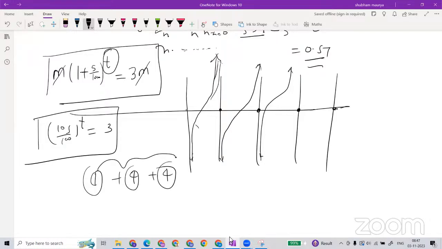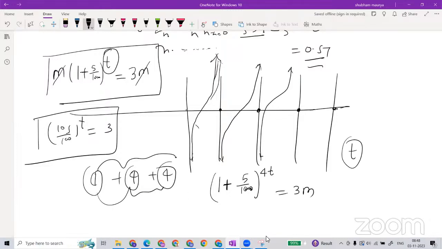So finally the equation will become: 1 plus the 5% rate, raised to 4t, if after t years the value becomes 3M.